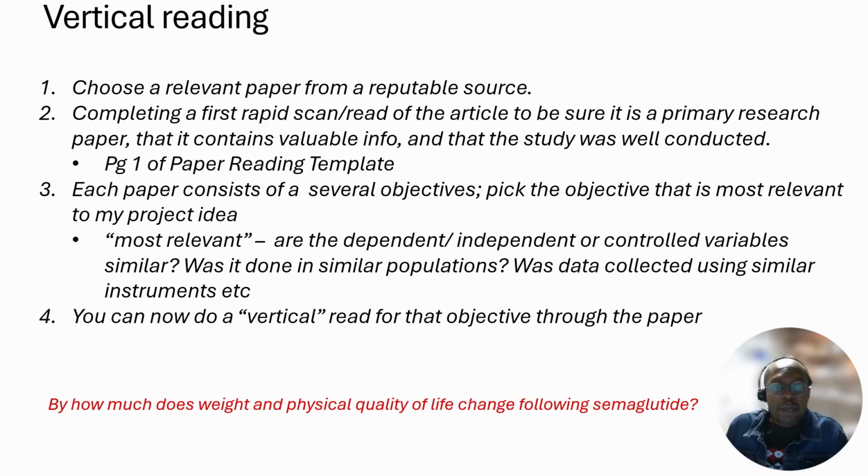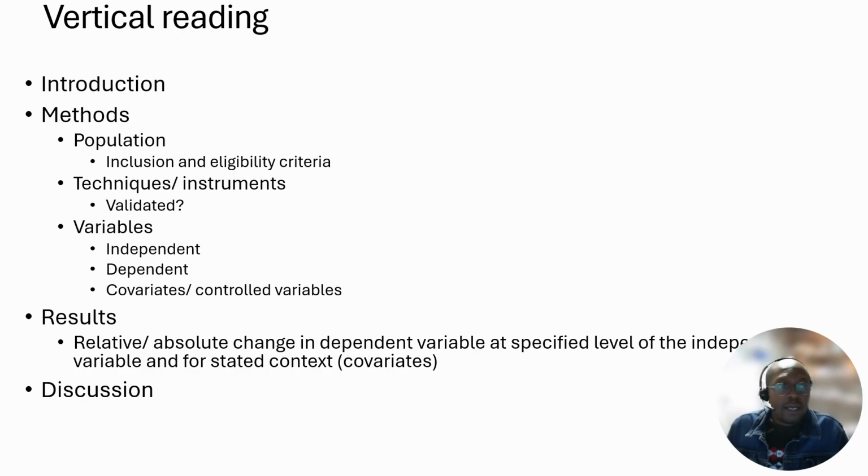Once you've made these decisions, then you are ready to do a vertical read, where you read the intro, methods, results, and discussion about the things that are most relevant to you. Then you begin to read and take note of these different subheads as you read through the paper. You do not want to compare apples to oranges.